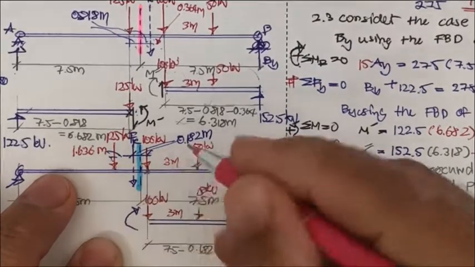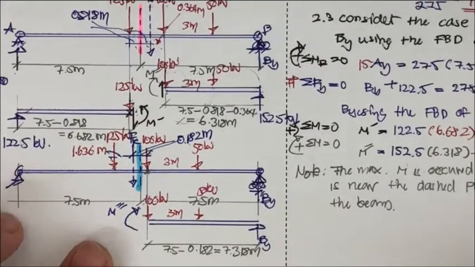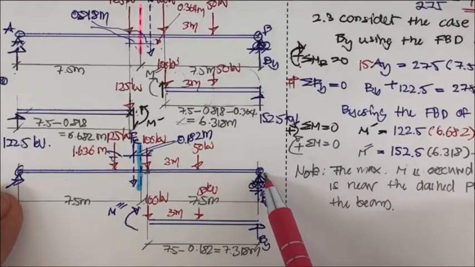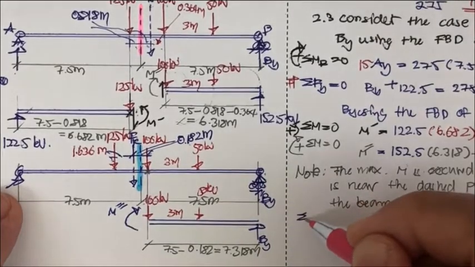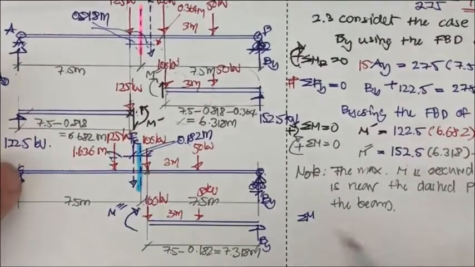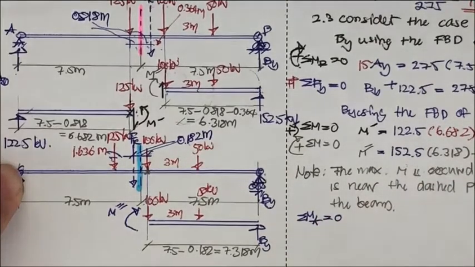Okay, and now we're going to determine the moment here, M prime. First you use the free body diagram of the beam. Again, we use the summation of moment. This time we take the moment about A, because we like to find the B sub y, summation of M sub A equal to 0.